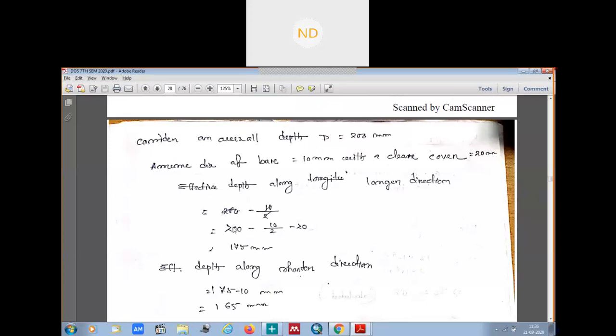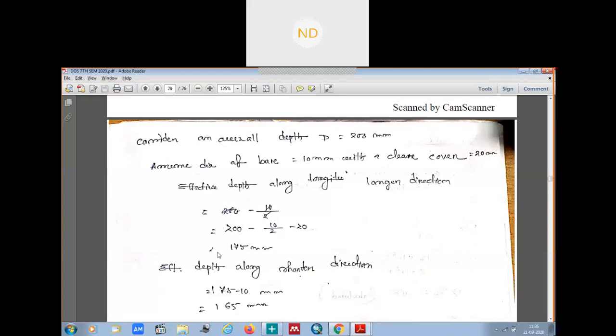So now when we know the overall depth 200 mm, and we know the bar diameter we have assumed for our design to be 10 mm and a clear cover of 20 mm, the effective depth will come out like this, along the longer span.